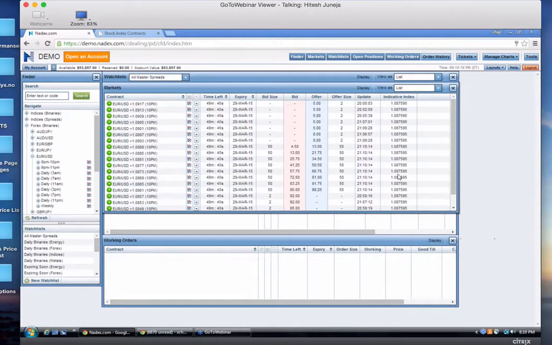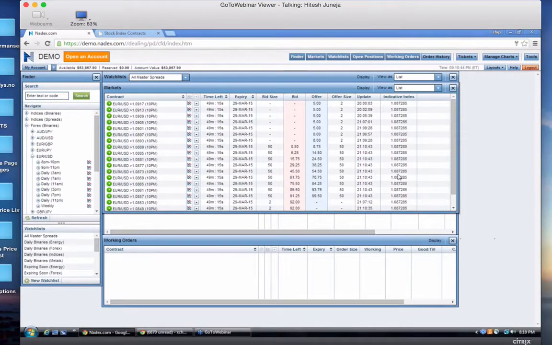Let's say it's 80%. So if you trade with $100 that Euro USD is going to go up, that it's going to be above the current price in an hour, you will get $80, or an 80% payout, no matter which side you chose. It's slightly different here. The difference with Nadex is that the value of each contract is always going to be $100.